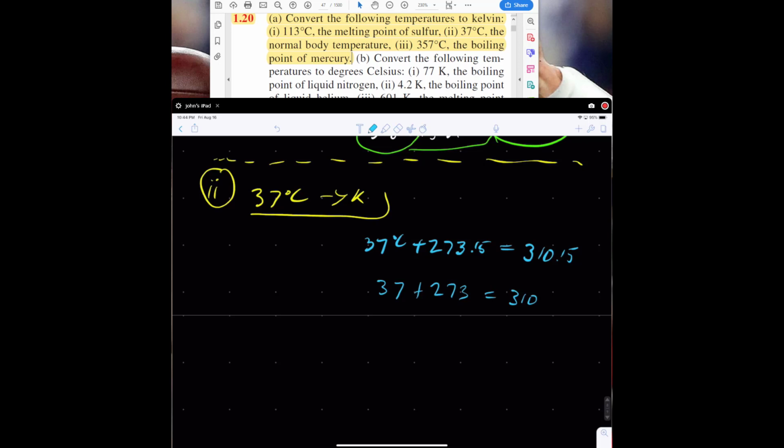So how they want us to report that answer would be 3.10 times 10 to the 2 Kelvin, right? So in scientific notation, we keep our 3 sig figs.